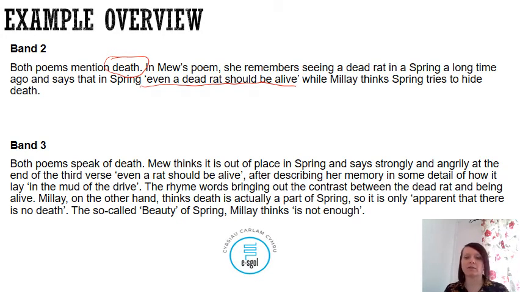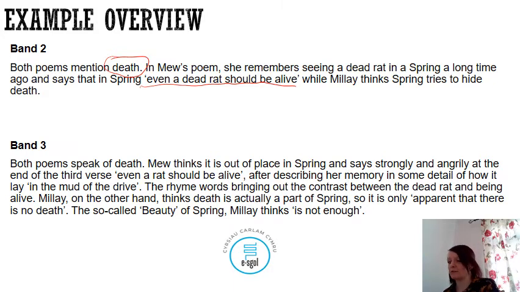Okay, so if we think of Mew's poem here, where she talks about even the rat should be alive, she places that in the month of May, so obviously the reference to spring there.